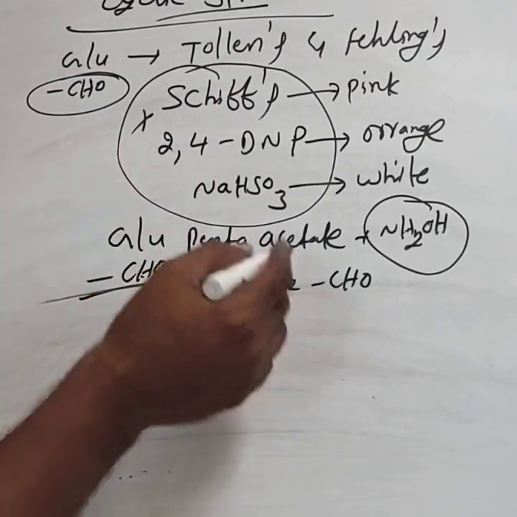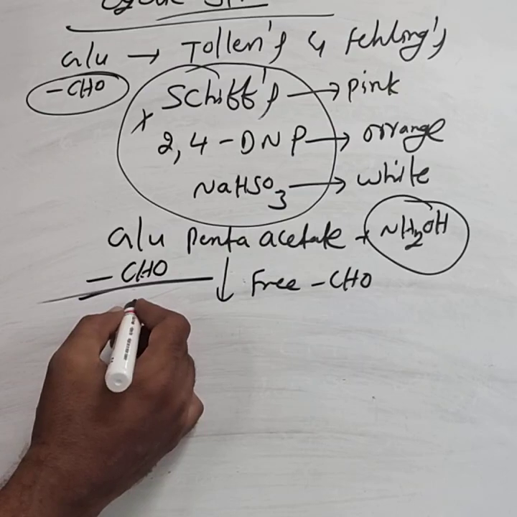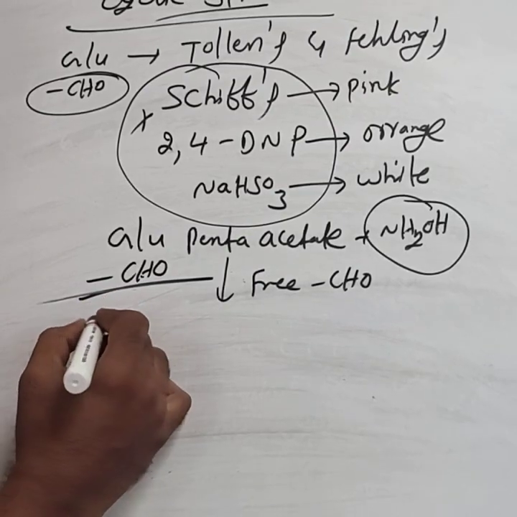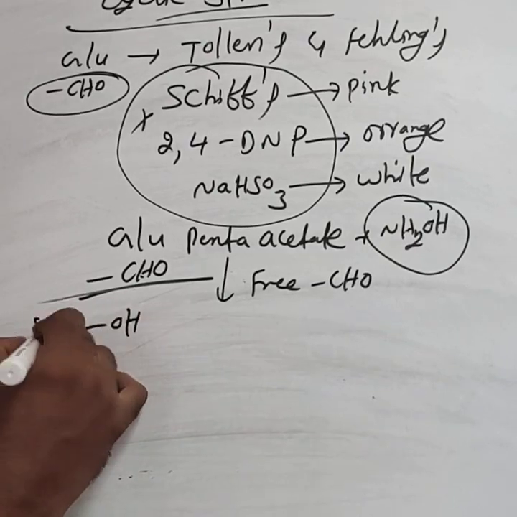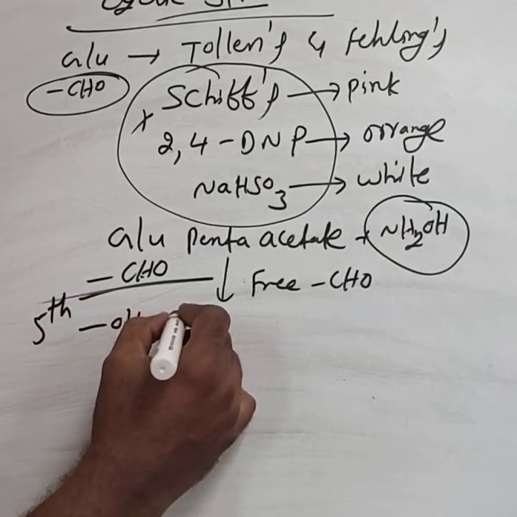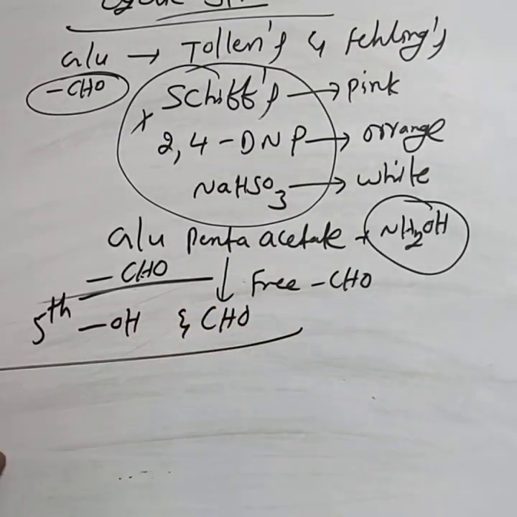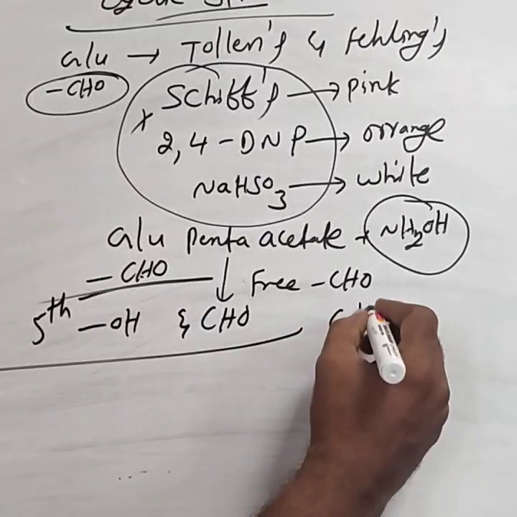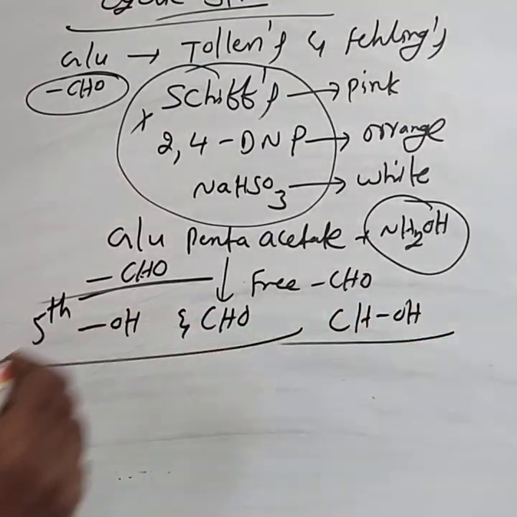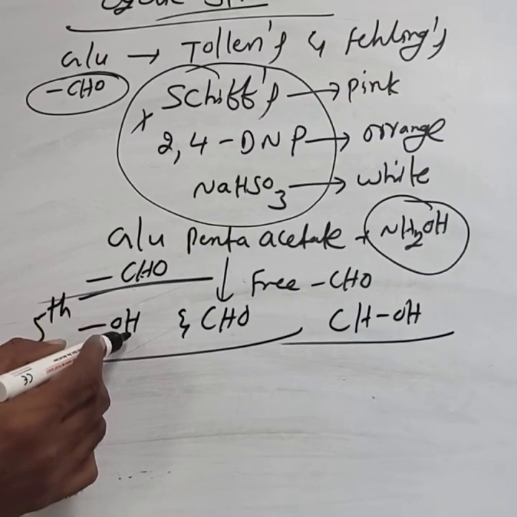What happens to the aldehydic group is that the OH group of the fifth carbon atom combines with CHO and forms CHOH. On the fifth carbon atom an OH group is present.